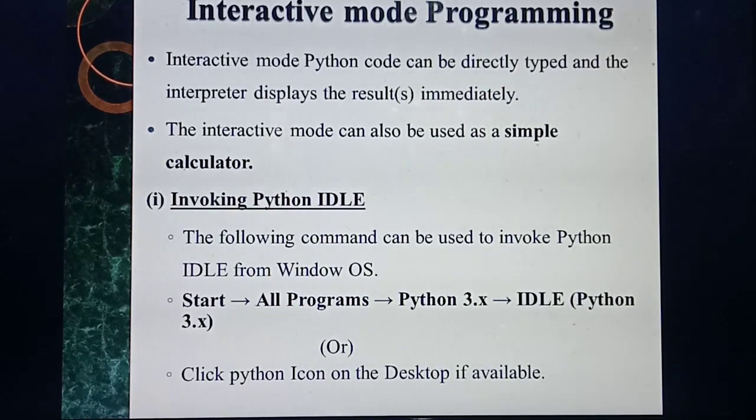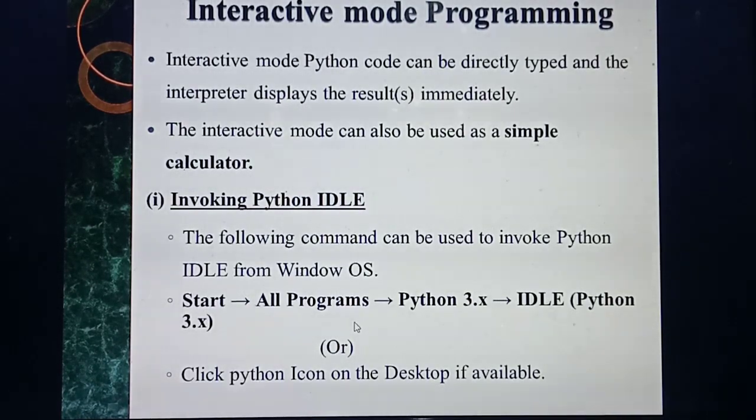Further, how are you going to program in this interactive mode? Listen. First you need to click the Start button. Which button? The Start button. Then from the Start button you go to All Programs. After clicking Start, which one do you go to?